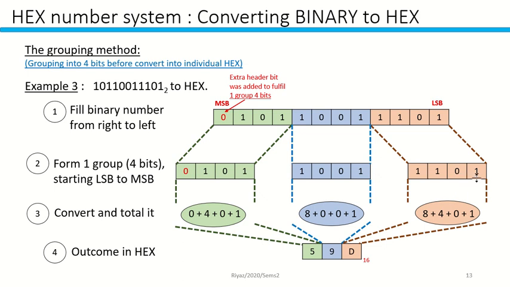And the last one is 1011, so the 1 over here is 1, the 0 is here, the 1 over here is 4, and the 1 over here is 8, so 8 plus 4 plus 1 is going to be 13, and the hexa for 13 is D. Finally, for this binary the answer is 59D to the power of 16.